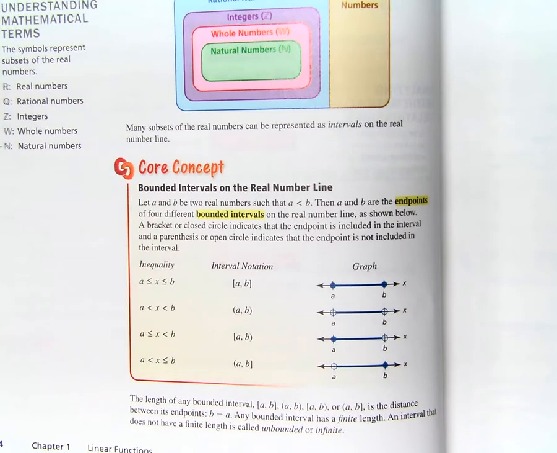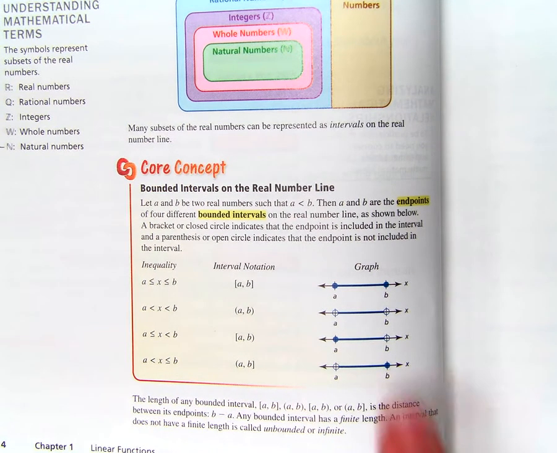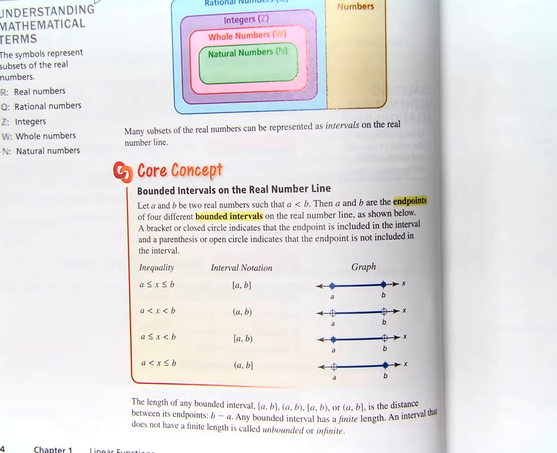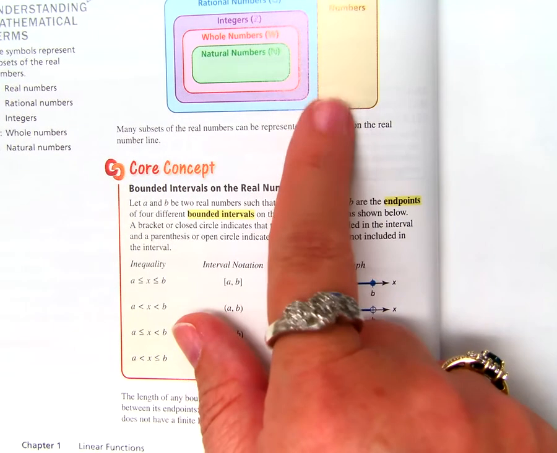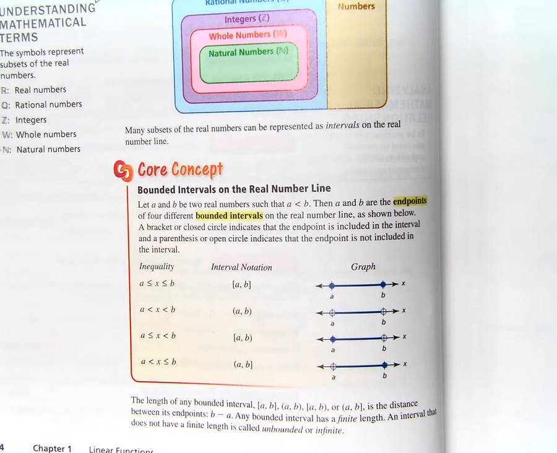On page 4 of your book. First of all, is there anything on page 4 that's familiar? Oh, we made that, but ours was better. Okay? So you have that in your notebook to refer back to, and you may need it today if you don't remember what a whole number is compared to an integer or a natural number. Okay?